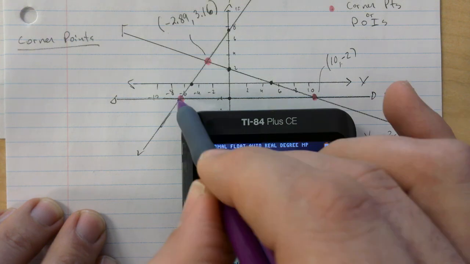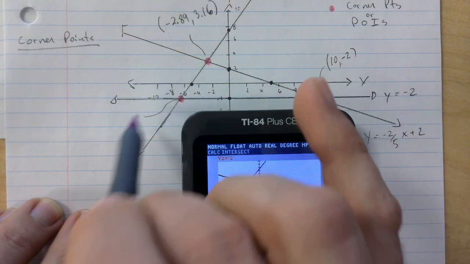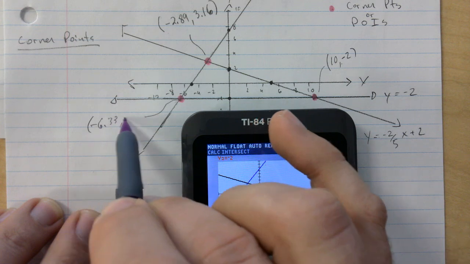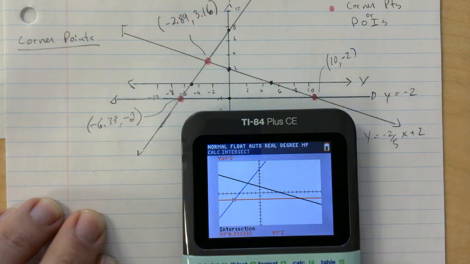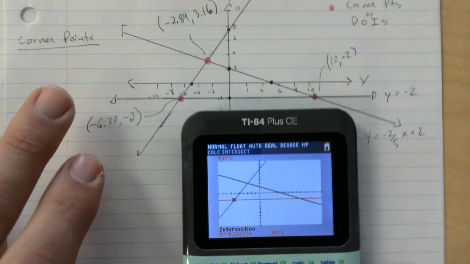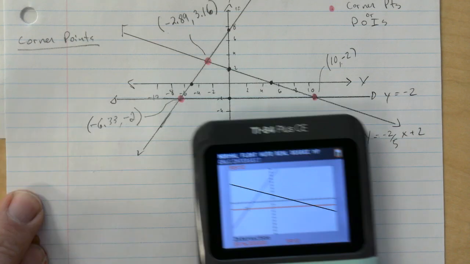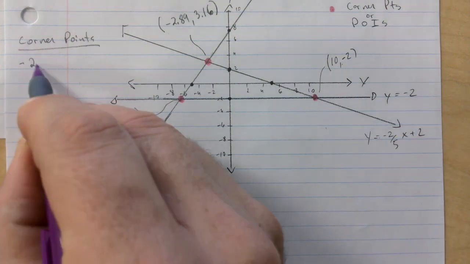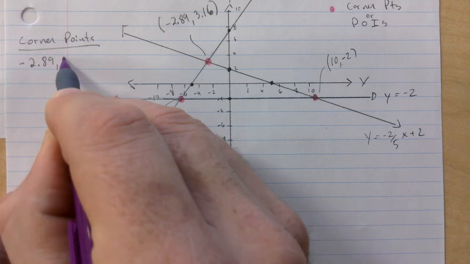I'm going to go out, negative 6.33, negative 2. All right. So I'm just going to collect them all on the side here because the corner points are going to be very important to us down the road, okay? It's all going to really come down to the corner points.